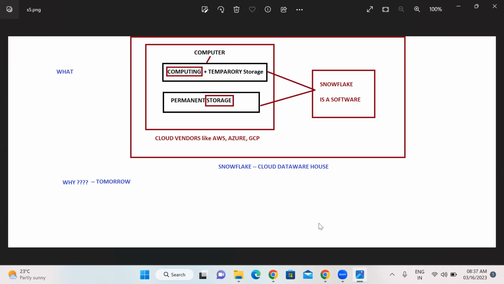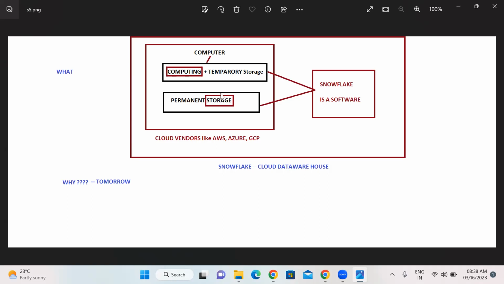But that is old and traditional. Now, thinking about the simple way, computer means computing plus temporary storage and permanent storage. Computing means CPU and memory, temporary, like cache memory, na?